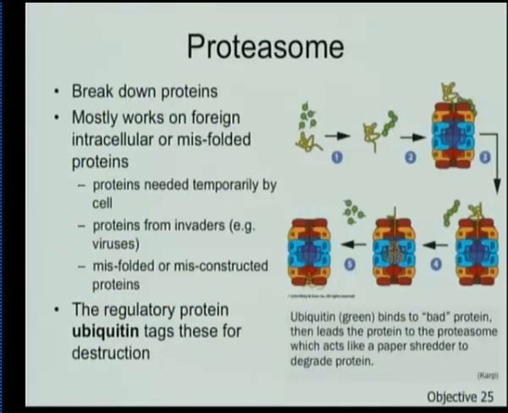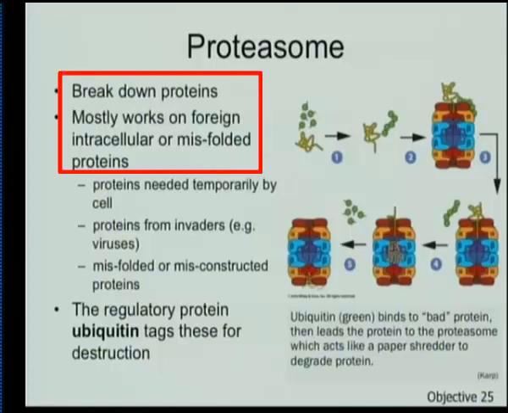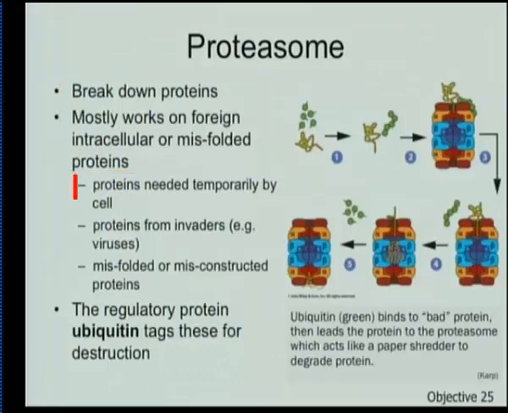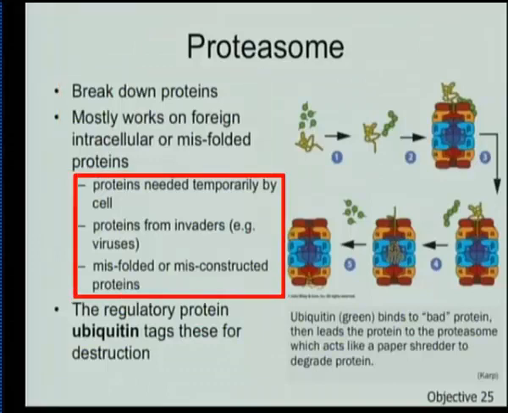Now, the last one of the three: the proteasomes. The job of the proteasome is to basically get rid of foreign, misfolded, misconstructed proteins. These might have been proteins that only needed to be used temporarily. These might have been proteins coming from microbial invaders. These may be proteins that just didn't get made right.